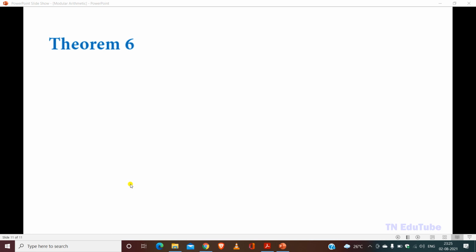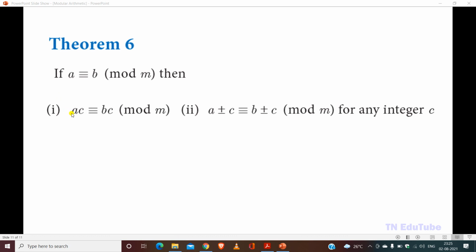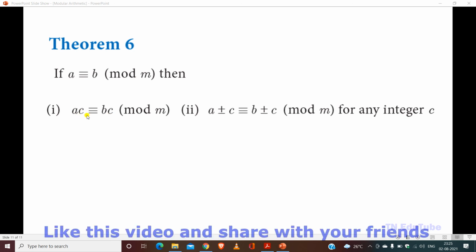Then theorem 6, what does it say? If a is congruent to b mod m, and c is any integer, then we can multiply both the sides by c. a into c is congruent to b into c mod m. Like that, the same integer we can add or subtract on both the sides.